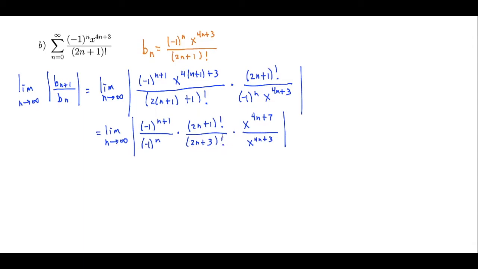Looking at this second fraction, I've got two factorials, and you remember, of course, that factorial means we're going to take the number 2n plus 3, for example, in the denominator, multiply by the next smallest integer, and then the next integer after that, etc. In this particular case, if I was to start writing out those terms, I would have 2n plus 3, and then the next smallest integer, which is 2n plus 2, and then 2n plus 1, and then 2n minus 1, etc. But it's convenient in this case to write all of the terms after 2n plus 1 as simply 2n plus 1 factorial, because now I see that that 2n plus 1 factorial will cancel with the 2n plus 1 factorial that I have in the numerator.